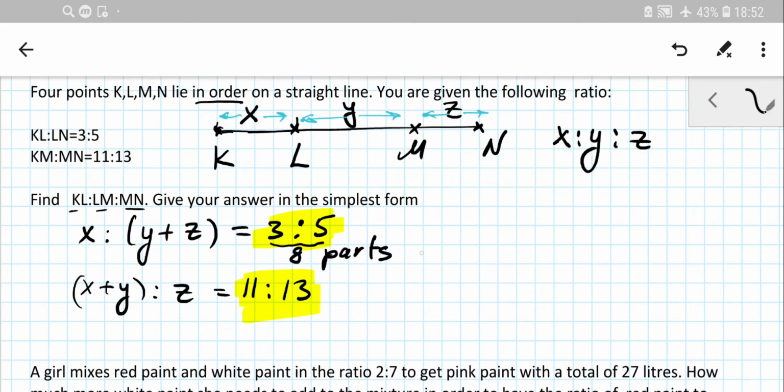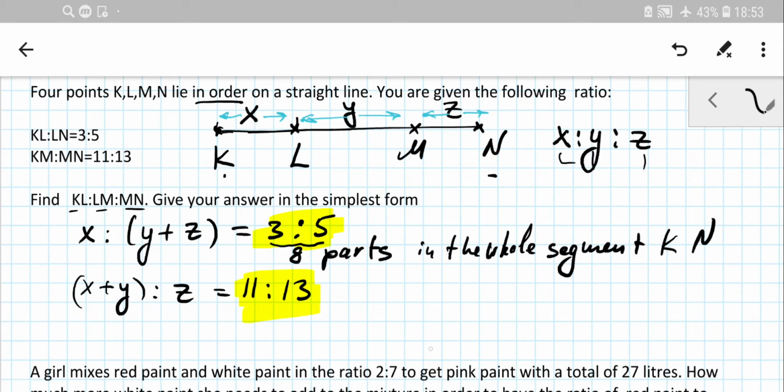In the whole segment KN, the total is the amount of all the parts, X plus Y plus Z. However, there are only 8 parts, and they are quite big parts.